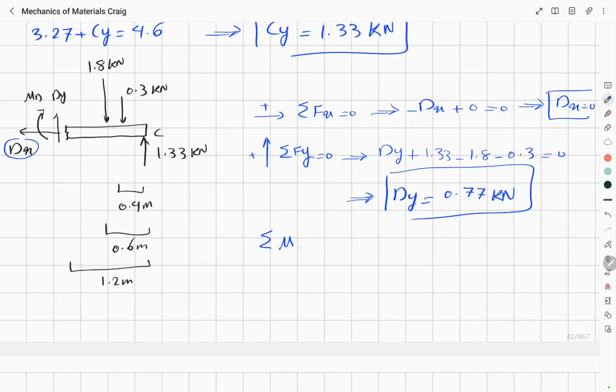And if we write sigma M at point D is equal to 0.